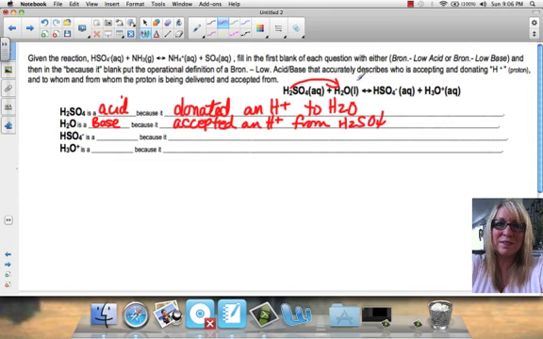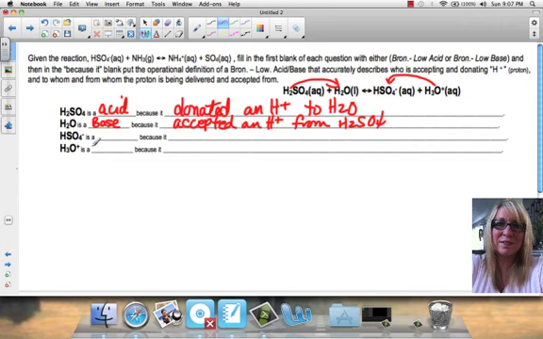Now if we looked at this going the other way, because this is a reversible reaction, you've got H3O plus donated to HSO4 minus.